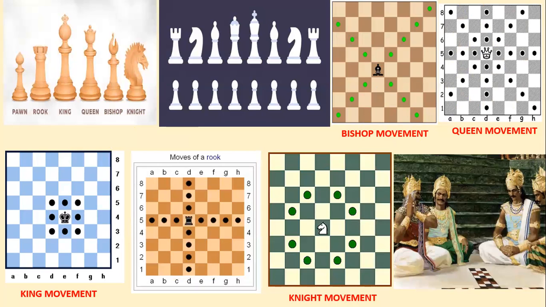And we also learned the movement of the different chessmen. All these coins are known as chessmen. So we have known the movement of the bishop. What is bishop? It is the camel. How will it move? It has the right to move any number of squares but crosswise.